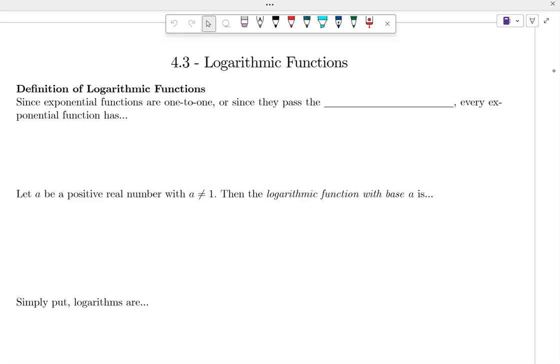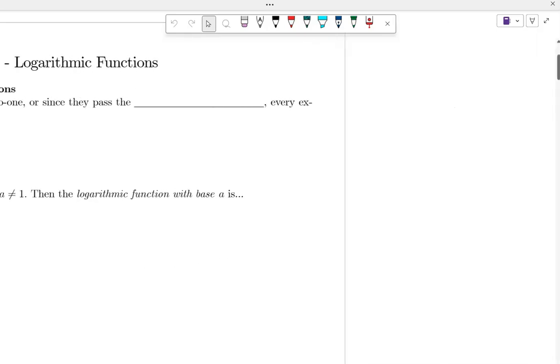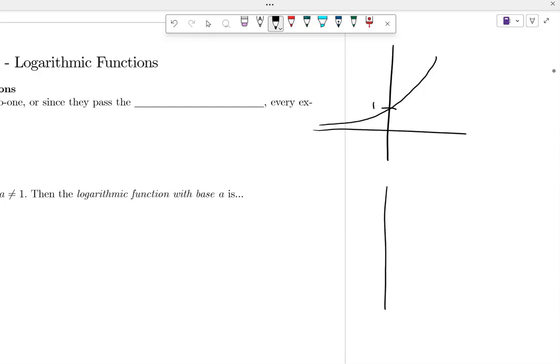So remember, we have those two basic shapes for our exponential function graphs, right? I'll just draw them back over here on this side. Either it goes up and to the right, or it goes down and to the right, right? We agree? This is your exponential function where your base is greater than 1.